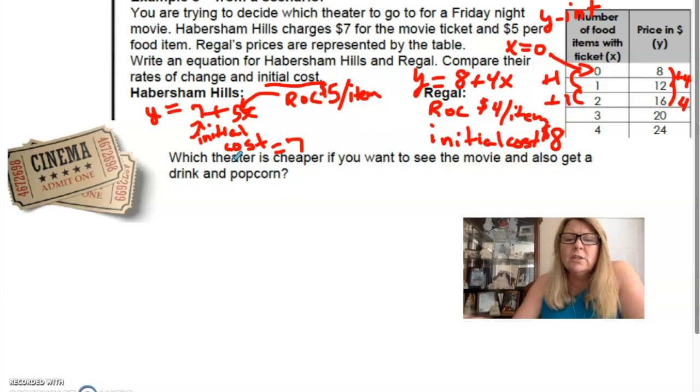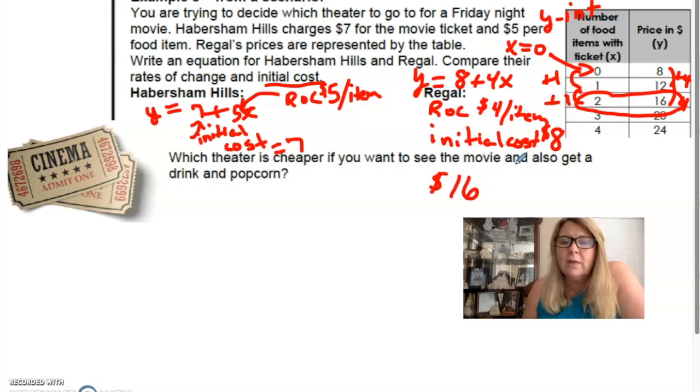Now, which theater is going to be cheaper if you want to see the movie and also get a drink and a popcorn? That means I'm going to get 2 items. So at Regal's, that would cost me $16. That would be $8 to get in plus 2 times 4, which is 8, so that would be $16, and you can see it on your table of values.